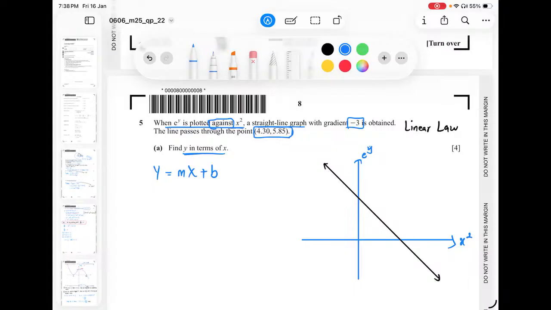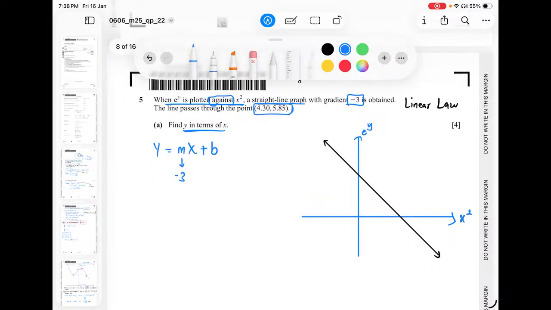So we already know that m is going to be -3. Basically what you do is you substitute the coordinates given for the point which the line passes through into the equation to find b. So capital Y, 5.85, equals -3 times capital X, which is 4.30, plus b.